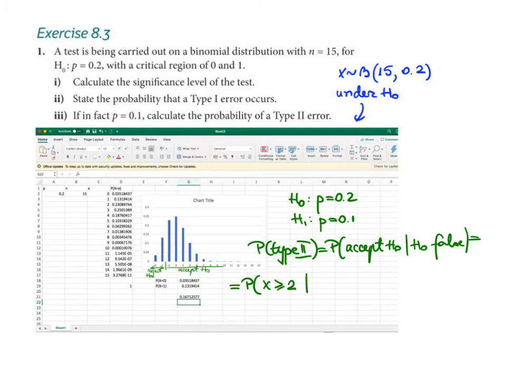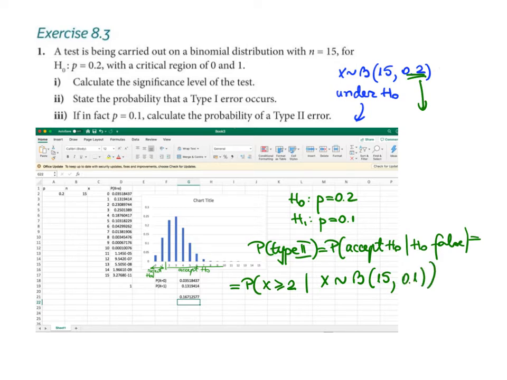Given that H0 is false, what does it mean that H0 is false? It means H1 is true, so the real probability is 0.1. Therefore, my x is binomially distributed with n = 15, and instead of 0.2, we have 0.1.